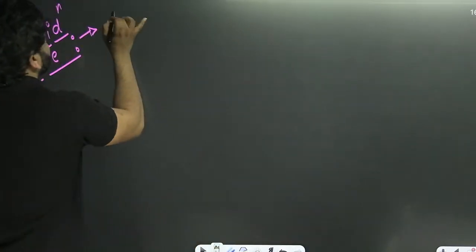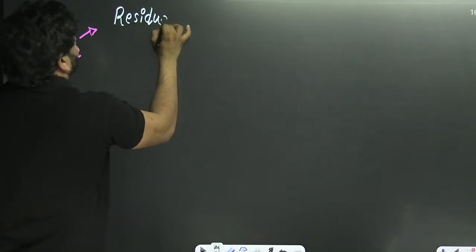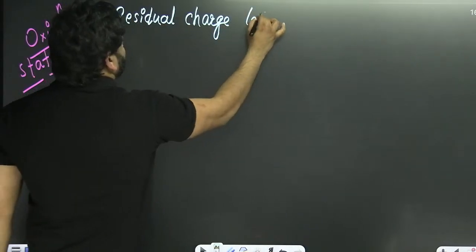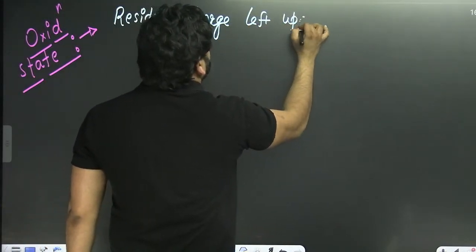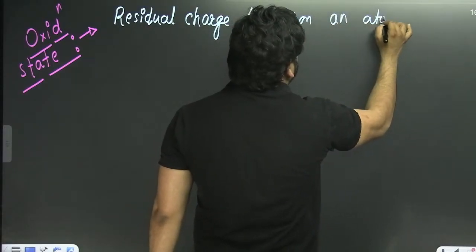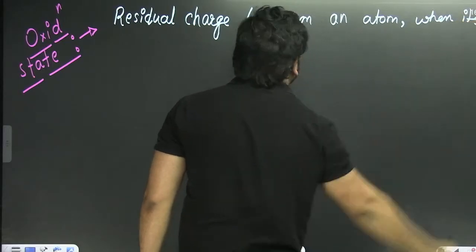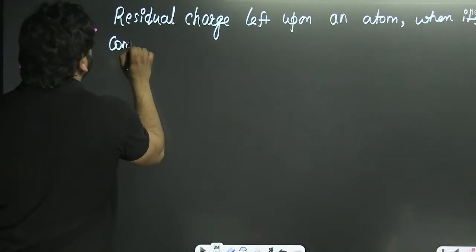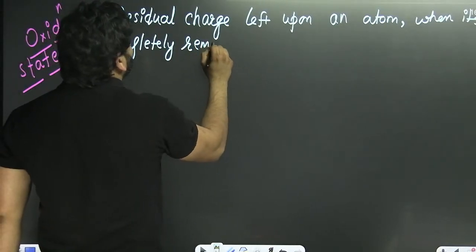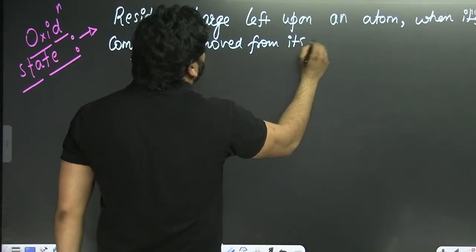So basically oxidation state is the residual charge, the remaining charge, left upon an atom when it is completely removed from its combined state.